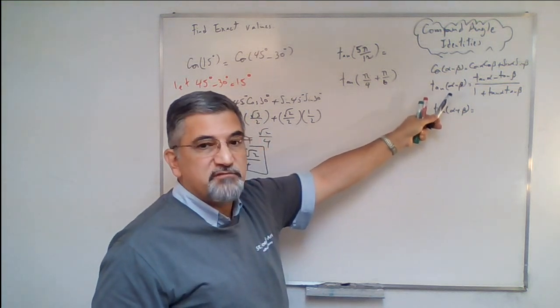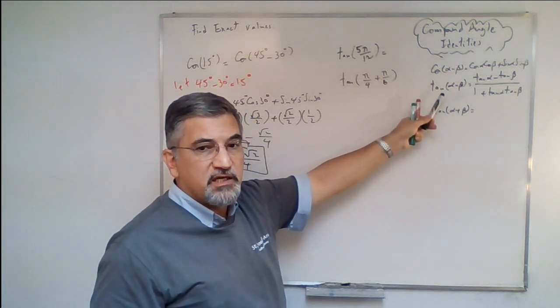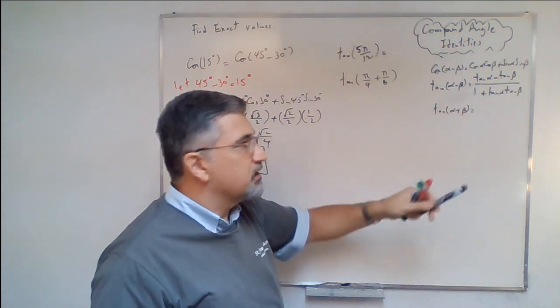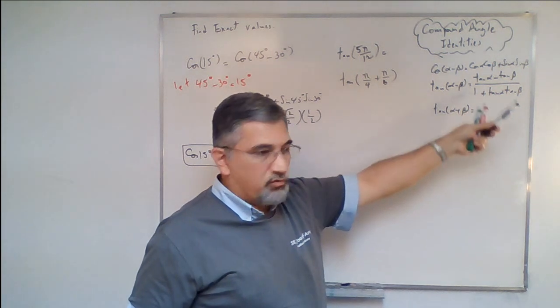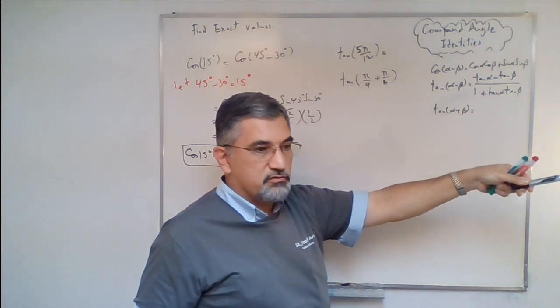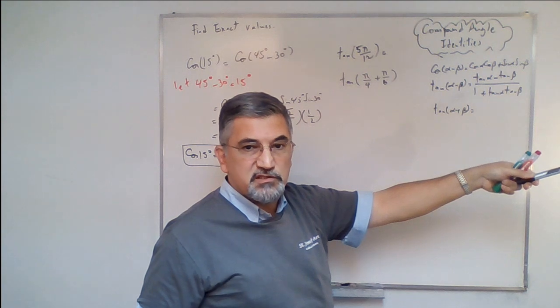So if you plug in negative beta instead of beta in the left-hand side, you should do the same thing on the right-hand side. So that tangent of beta on the right side becomes tangent of negative beta, which is negative tan of beta, according to negative angle identities we have studied in the past.